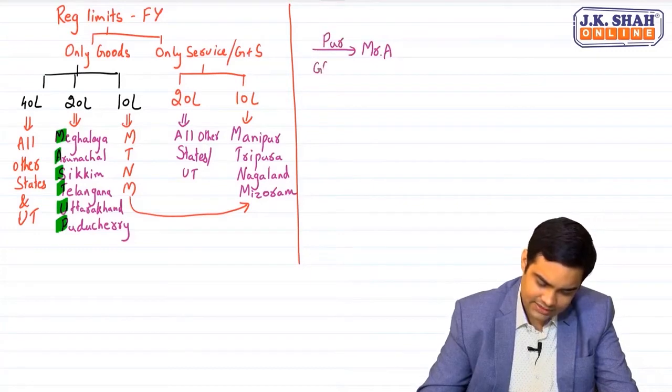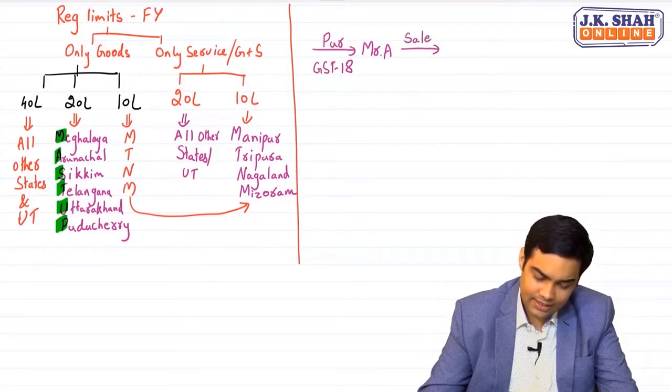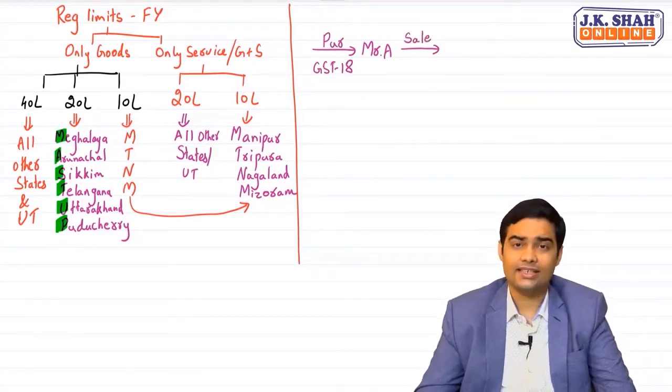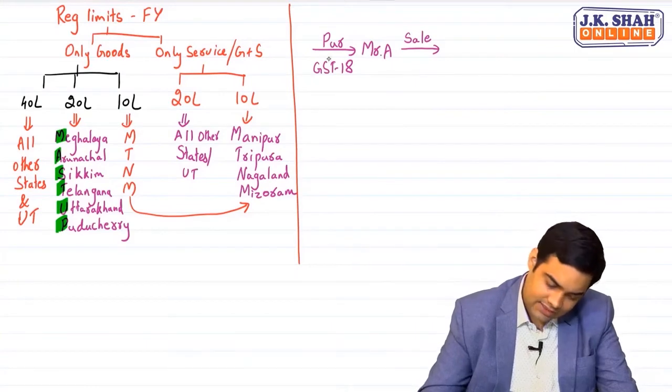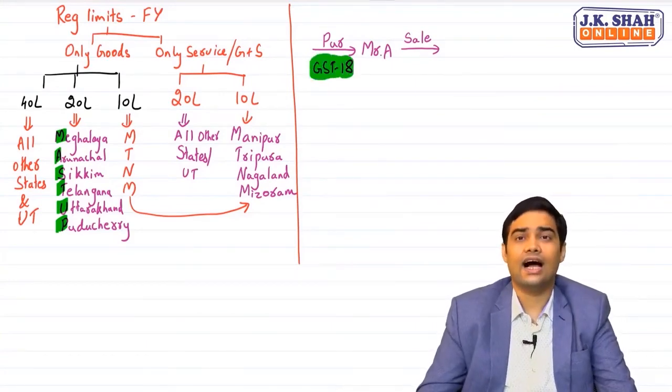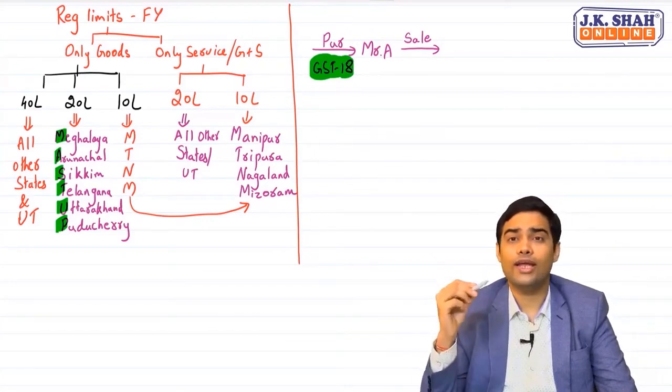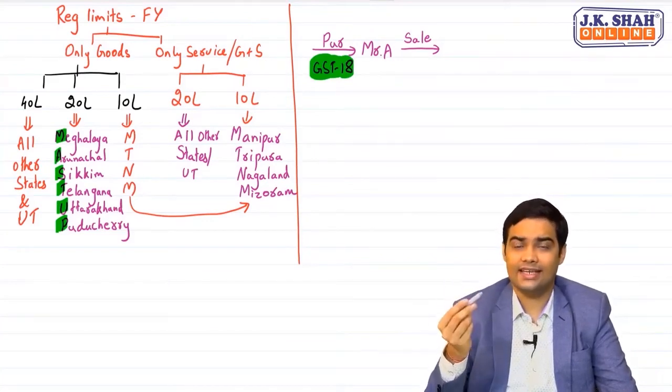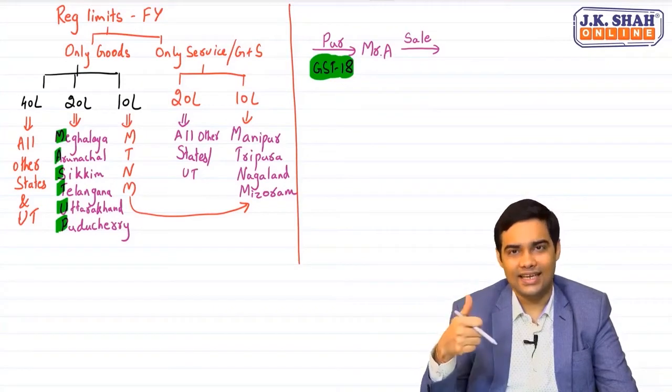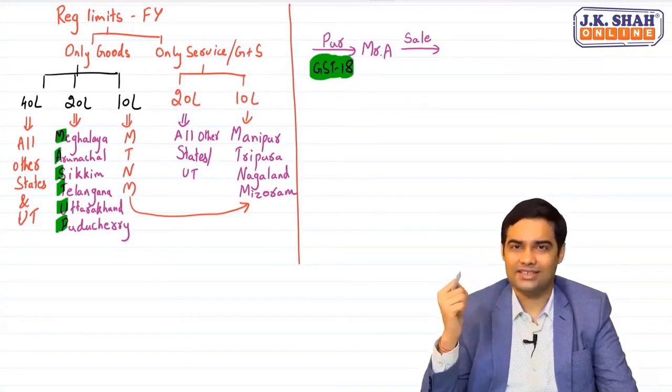He has paid GST of 18 rupees here. Then he makes a sale. Now the question which arises is, this tax which he has paid on purchase, can he adjust it against the tax which he is going to collect on sale? The answer is yes, government permits this.